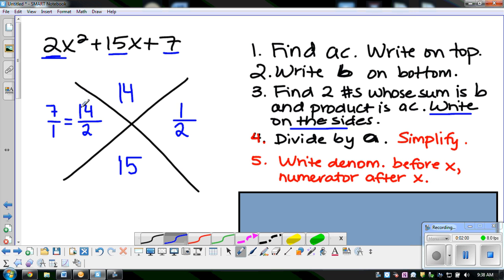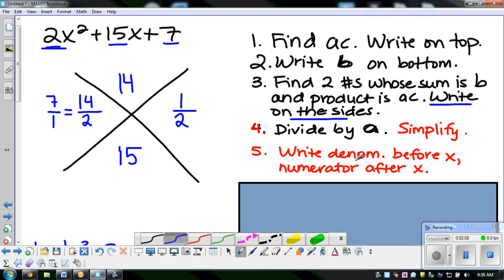Okay, and now that we have these two fractions, they're going to give us the numbers that will go into the factors. We're going to write the denominator before the X. So the X is always the first term in the parentheses. So the denominator will be the coefficient of X, and the numerator will be the number after X, the second number in parentheses.